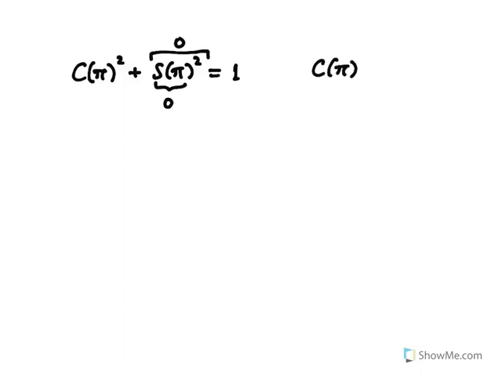Well, if you look at the Pythagorean relation at pi, we know that S of pi is 0, which means this whole term zeroes out, and therefore C of pi squared is 1. It follows that C of pi itself is either 1 or -1. Now we need to eliminate 1 as a possibility.